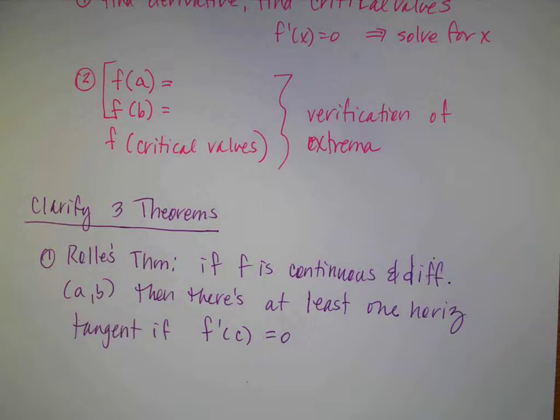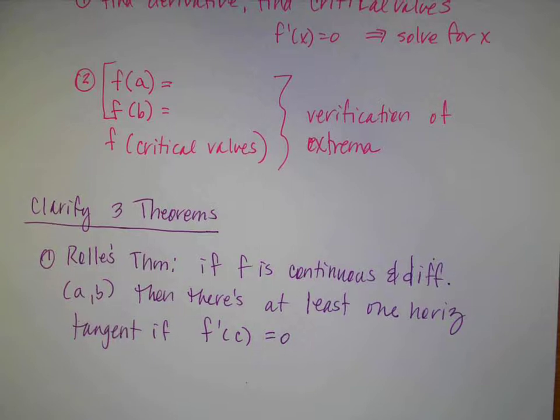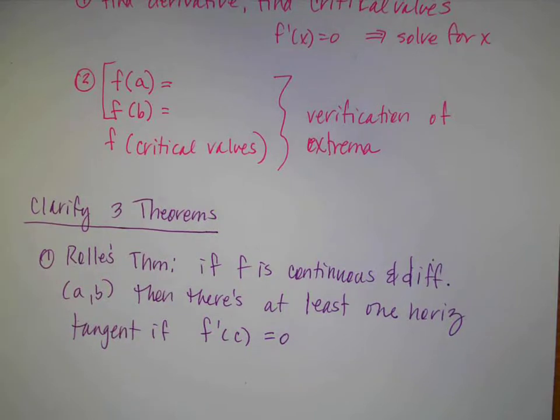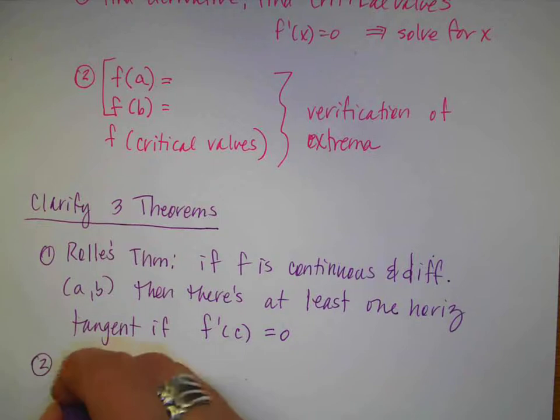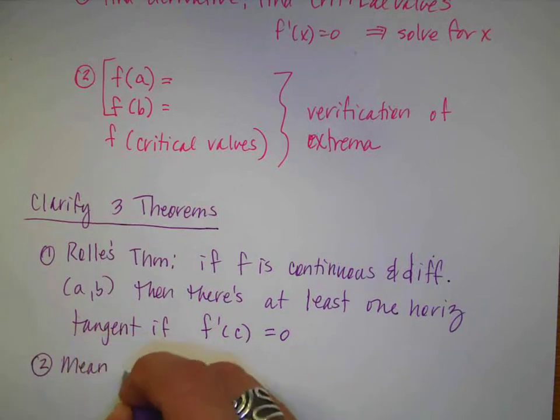So Rolle's theorem is an existence theorem, and it says that if the derivative is equal to 0 in a given interval, then I know that I have at least one horizontal tangent.